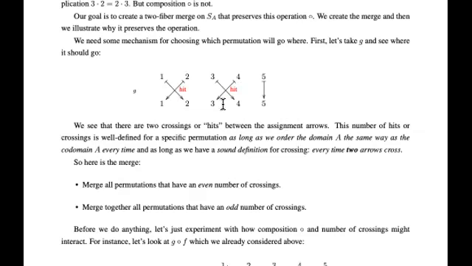So if we have ordered our elements, and this is a finite set, 1, 2, 3, 4, 5, going this way, then this idea of counting the number of crossings with straight lines is a well-defined idea if we fix some ordering of the elements.